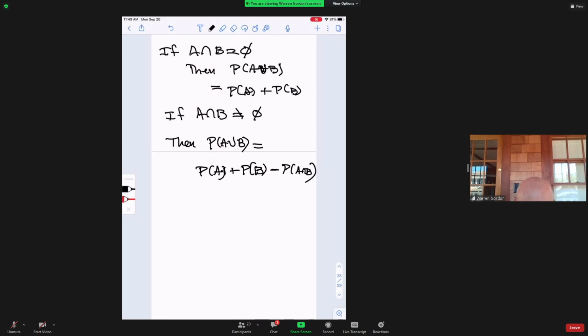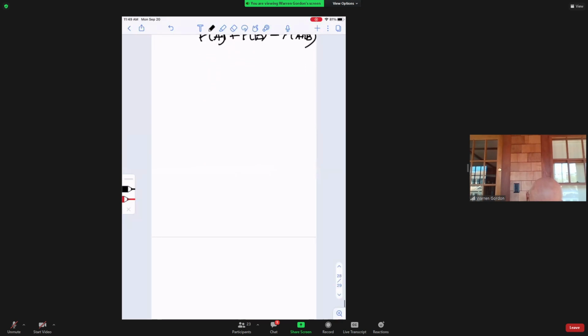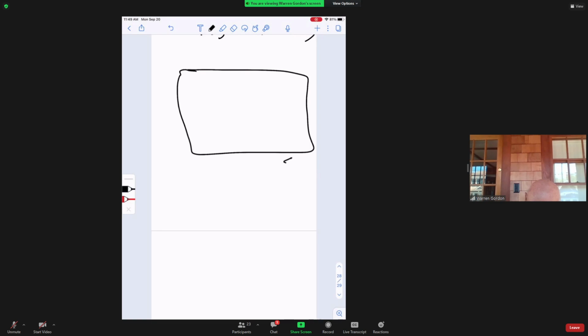Okay, so the trick is as follows. Let's suppose this is my universal set, my universe, my sample space. This is A, and this is B. If I put a number in the circle, that would represent the probability.